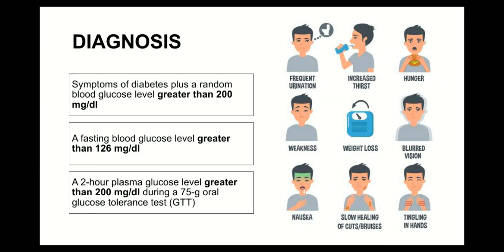So those are the criteria. So if one of the following is present on two separate occasions, the child is immediately diagnosed with type 1 diabetes mellitus. So let's go to nursing management.